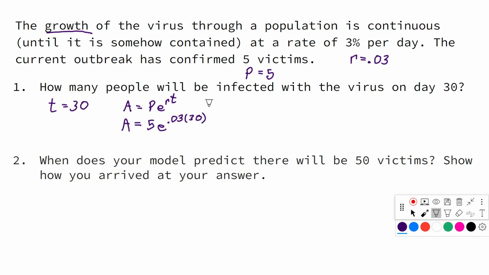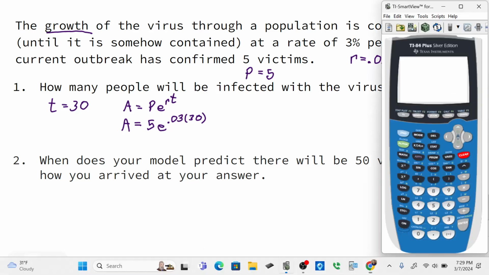So let's get our calculator here. And we will type 5, and then we don't need to open parentheses. We want that value of e, which if you look above the natural log button, you'll see an e to the x that's in blue, so we have to press second, natural log, that's the ln button, and it automatically gives us the exponent we need to enter.